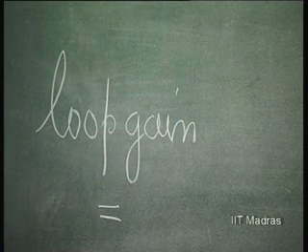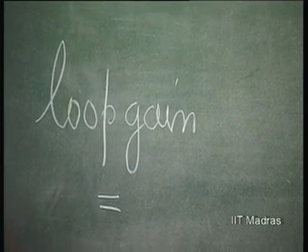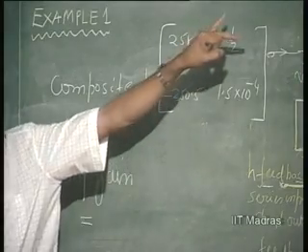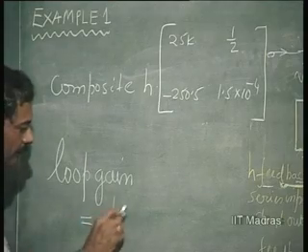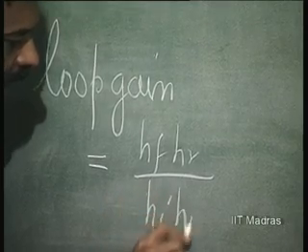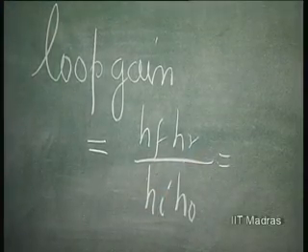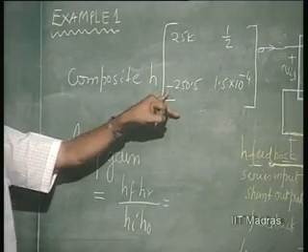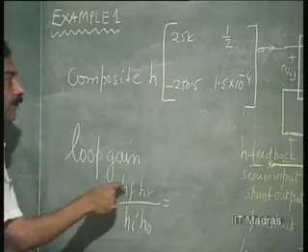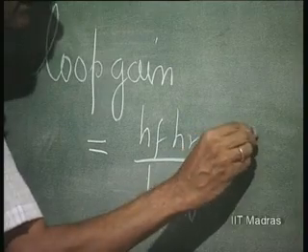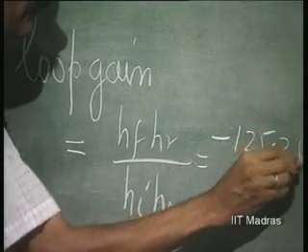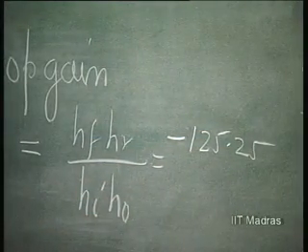Loop gain is nothing but HF into HR divided by HI into HO. HF is minus 250.5, HR is half. Therefore, HF into HR is minus 125.25, correct?